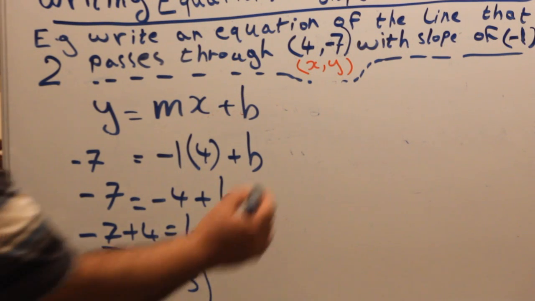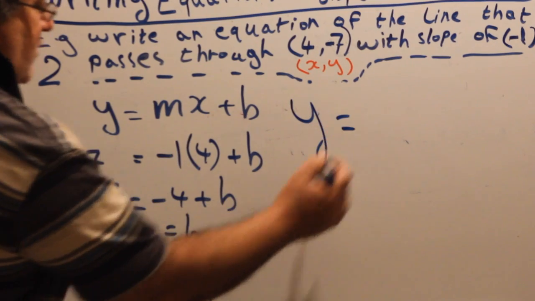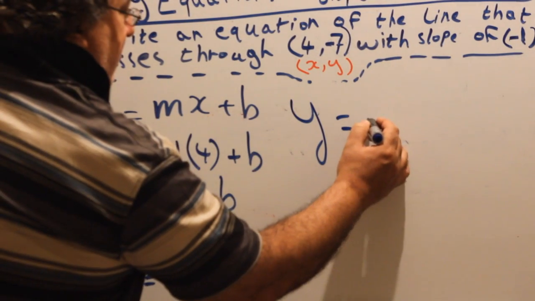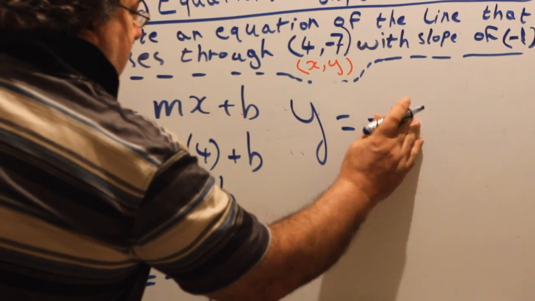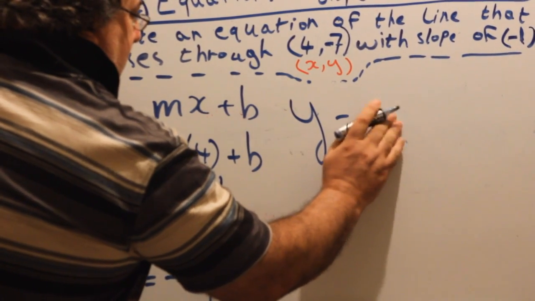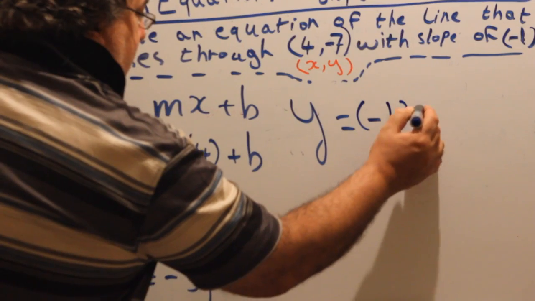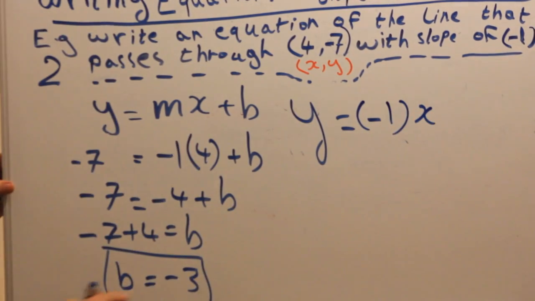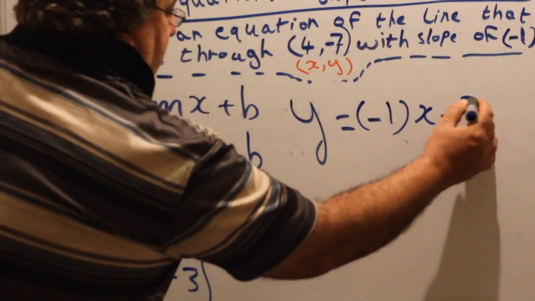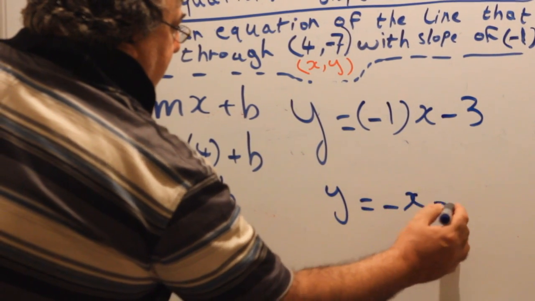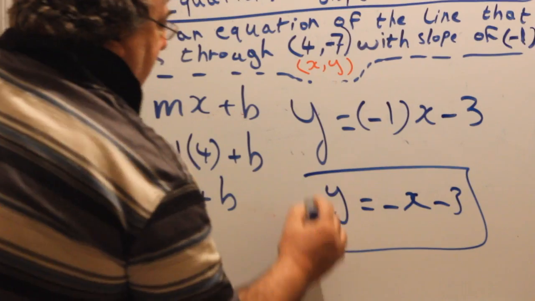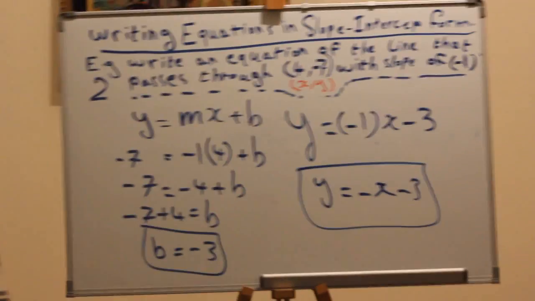The equation is y equals, the slope is -1 given, so -1x, and the b is -3. So we can make it y equals -x minus 3. That's the final answer. I hope it's clear.